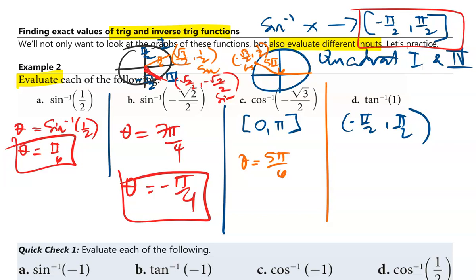So again, if I have a unit circle here, to get positive 1, from negative pi over 2 to pi over 2, here is pi over 4, and the coordinates of pi over 4 are square root of 2 over 2 and square root of 2 over 2, and tangent of that is equal to 1. So inverse tangent of 1 is equal to pi over 4.